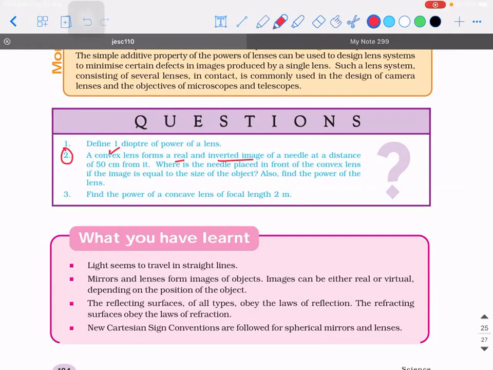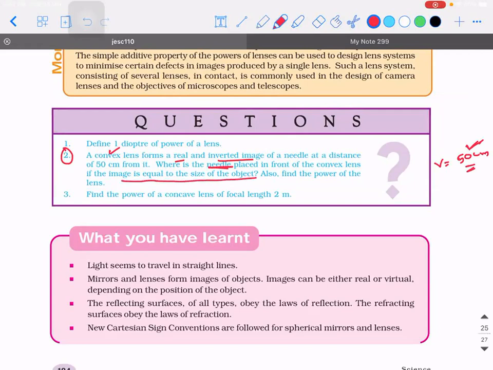Have they given you the object distance or the image distance? Image distance, sir. Image distance is given as 50 centimeters. Since they told it is real and inverted, image distance will be positive. So V is equal to 50 centimeters. Where is the needle exactly placed in front of the convex lens so that the image is equal to the size of the object?